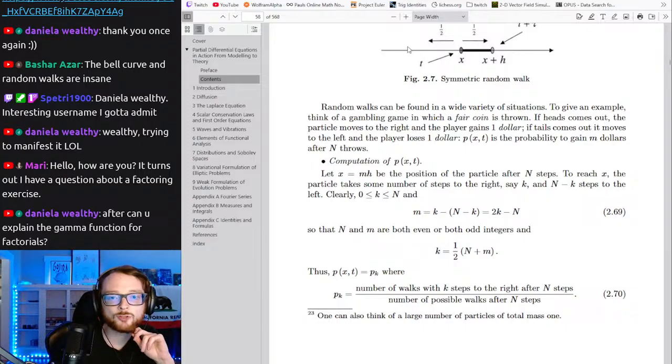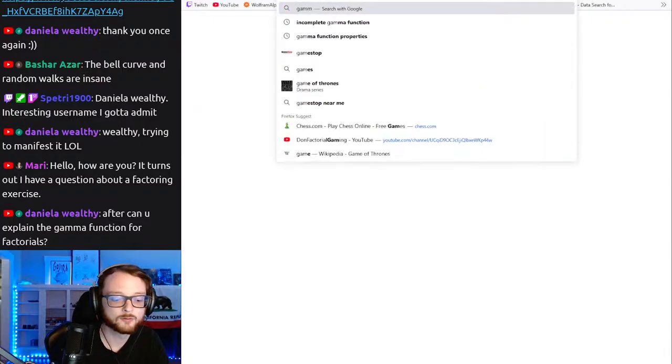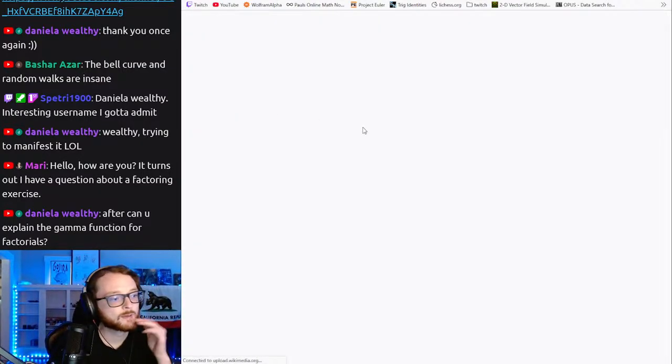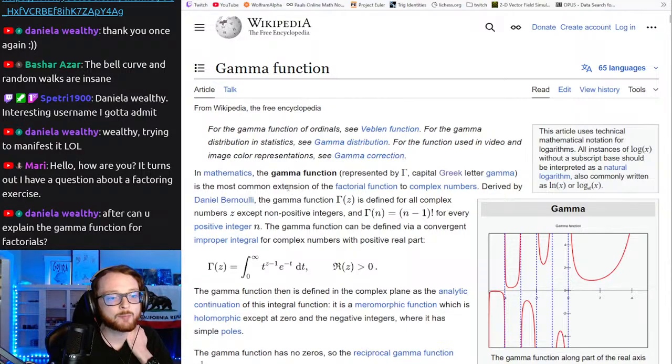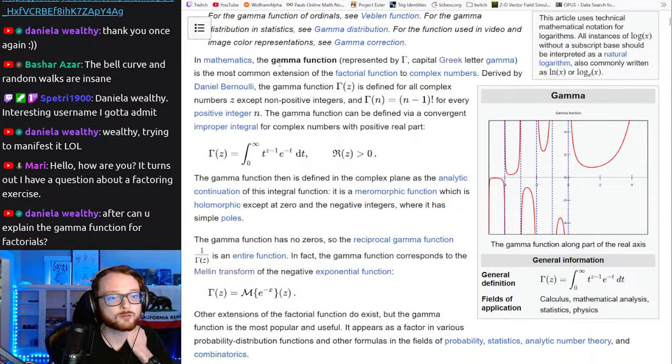The gamma function, I only know the basics of it, but I can tell you what I know at least. What the gamma function does is it's called the analytic extension of the factorial function. And what that means is factorials only make sense with natural numbers.